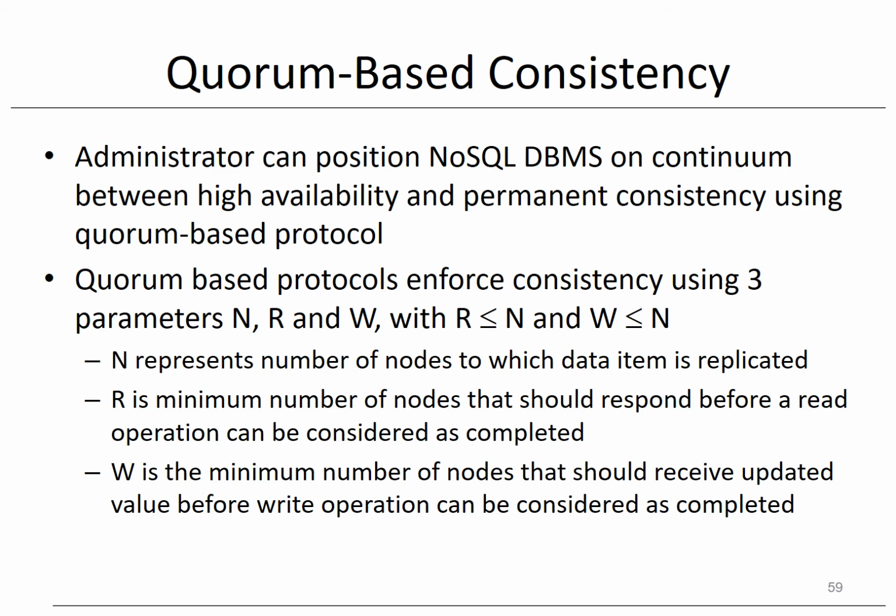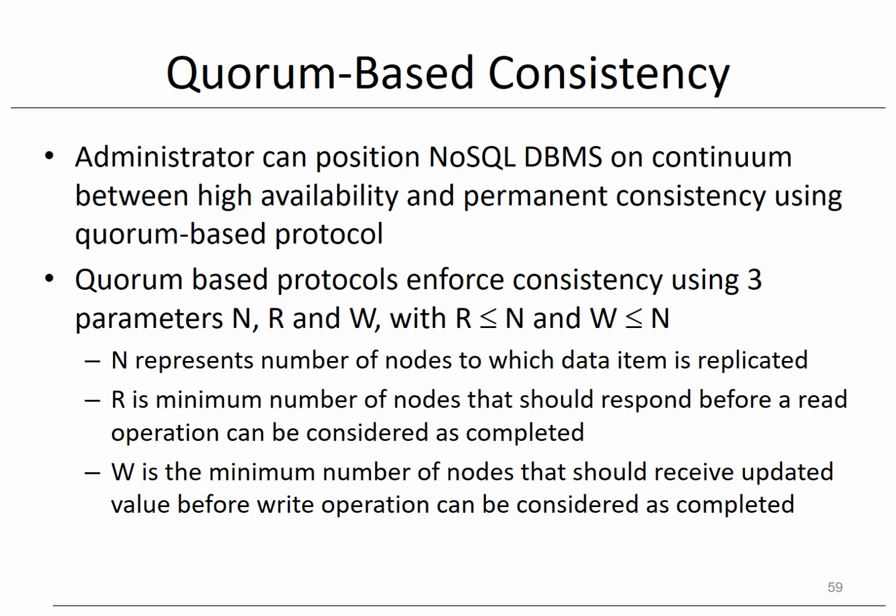N represents the number of nodes to which a data item is replicated. The higher n, the higher the redundancy, and hence the smaller the risk of unavailability or data loss. A higher n also allows for more parallelism, but increases the overhead if one needs to keep all n replicas permanently consistent.